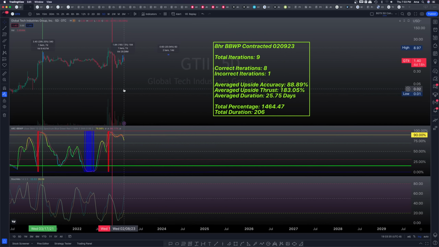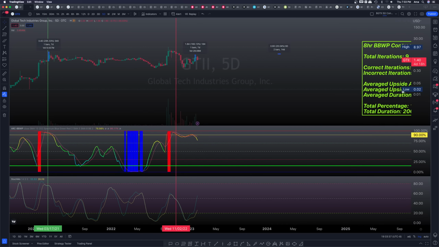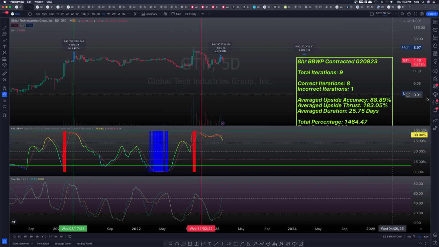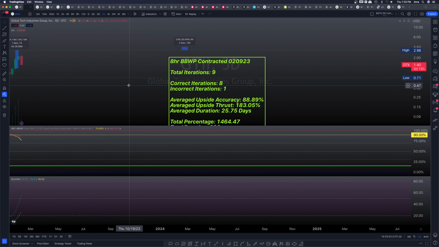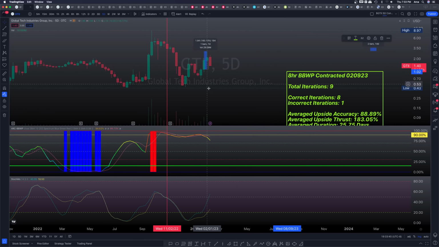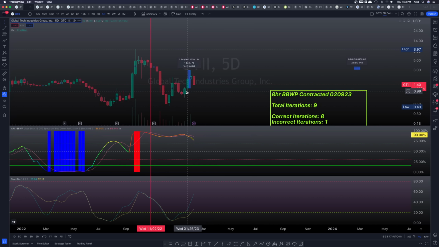Okay, so now let's go ahead and just zoom in to the price action and take a look at what it has done based on the statistical mean, right? The upside. So upon the firing of the signal, which is usually when momentum is pivoted towards the upside and volatility is starting the contraction phase, we started right on this candle here.